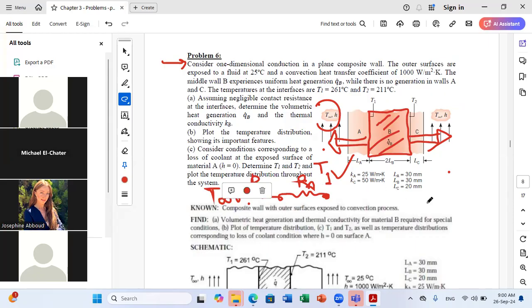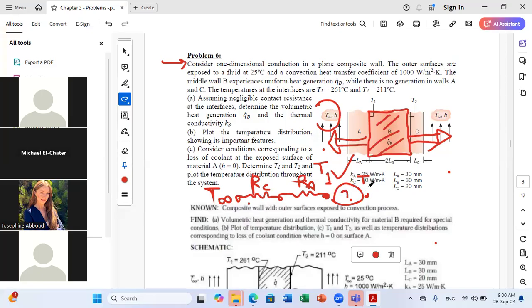We need to draw another circuit for the other side. But between T1 and T2, we cannot put anything, because here we have generation, so we need to deal with it using a differential equation and integration to find the variation of temperature here. We cannot consider it within the thermal circuit.